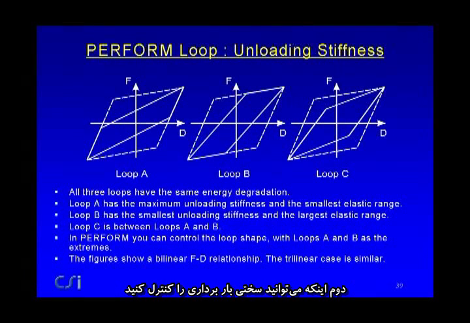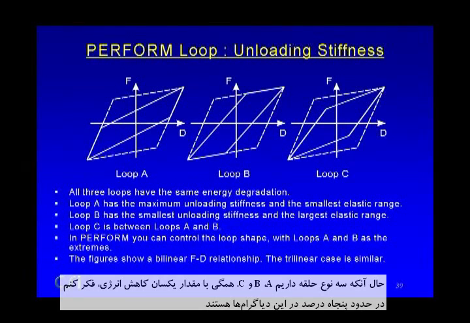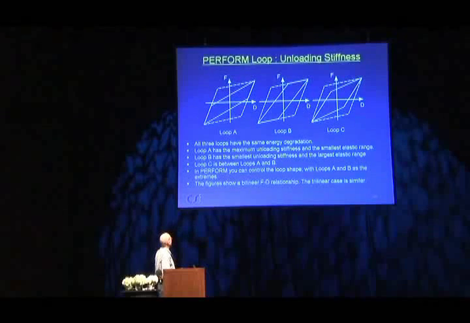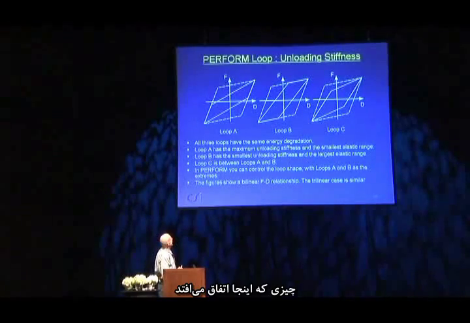Secondly, you can control the unloading stiffness. What we have here is 3 loops, A, B, and C, all with the same amount of energy degradation, about 50%, I think, roughly in this diagram. Again, the dashed is the non-degraded loop, and this is just a bilinear behavior.